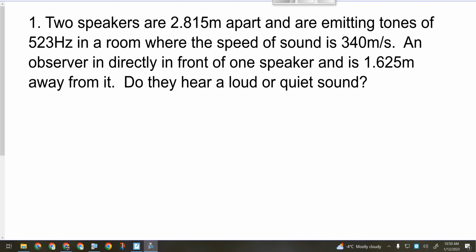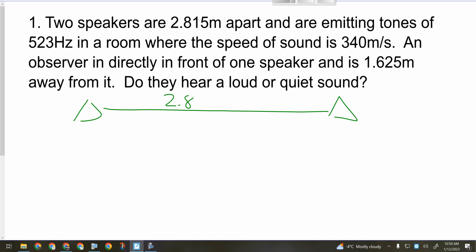All right, so in this question we got these 2 speakers, and they are 2.815 meters apart. They are emitting tones of 523 hertz in a room where the speed of sound is 340 meters per second.